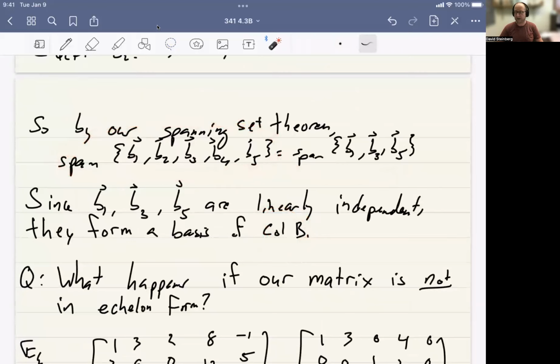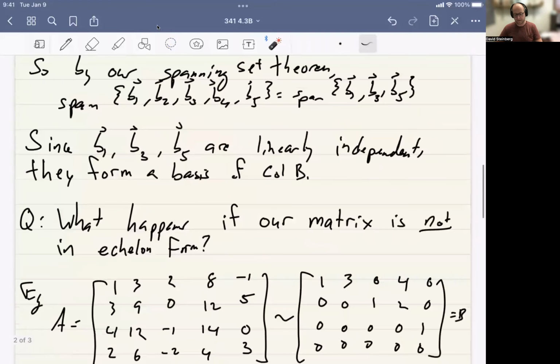So we've successfully found a basis for our column space, namely the pivot columns.